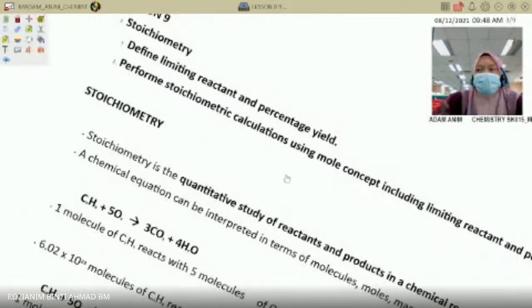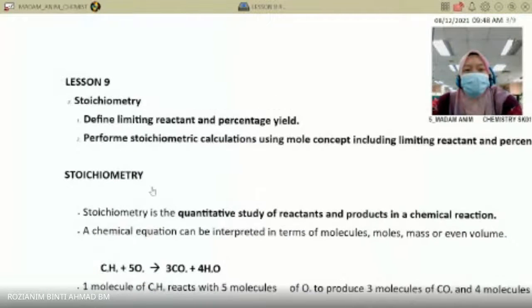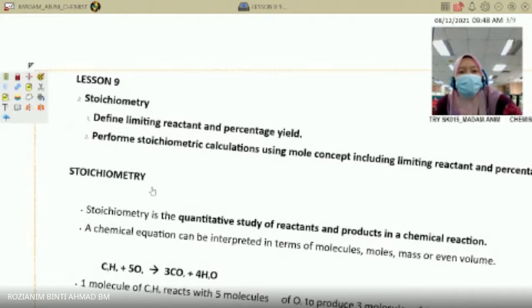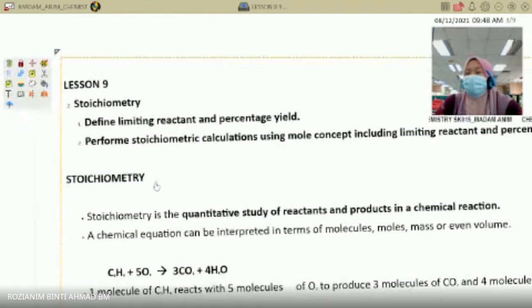Apa ni, pusing-pusing. Alright, okay, this area. Okay, tengok muka surat 33.